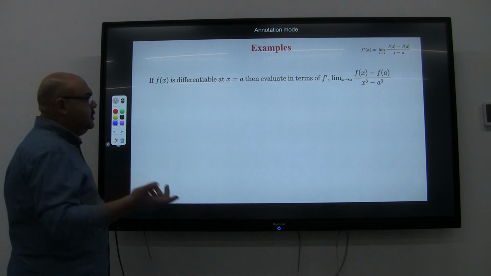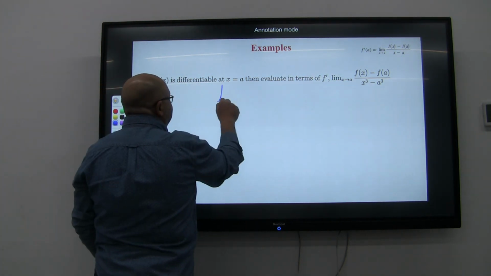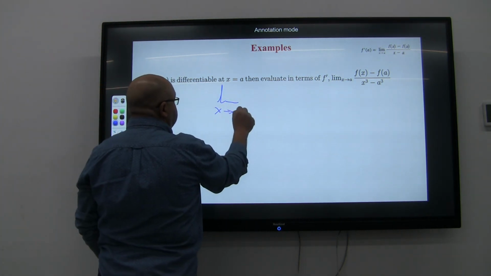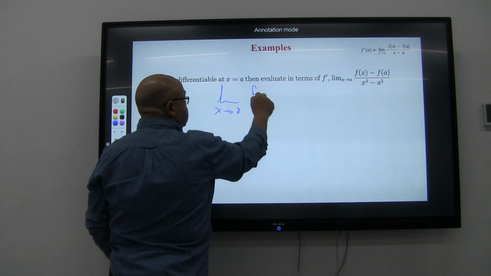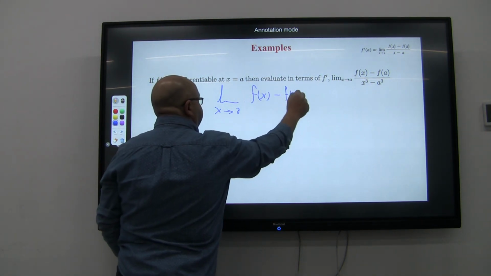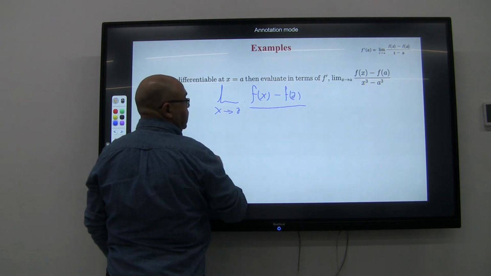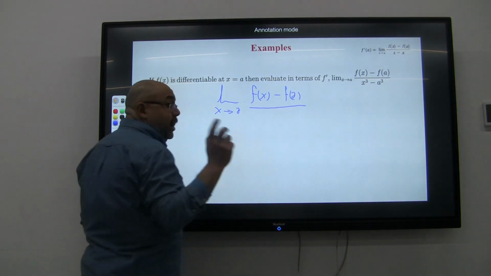هعمل ده ازاي؟ بسيط. اروح جاي قايل له ايه؟ ادي limit x tends to a of f of x minus f of a divided by x cube minus a cube. You can factorize it.